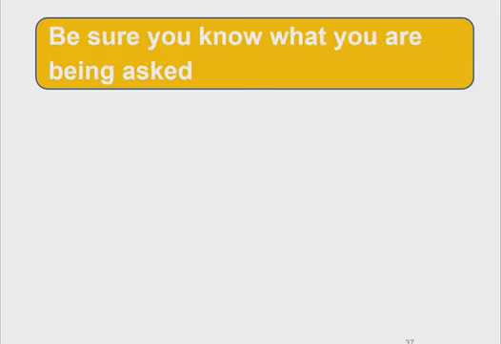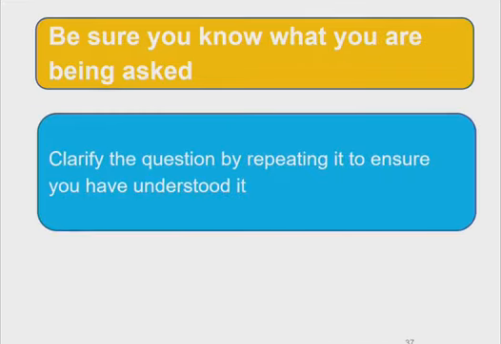Be sure you know what you are being asked. Clarify the question if you don't understand it by repeating it to ensure that you have understood it. And sometimes it happens that for all intents and purposes you listen very carefully but you still misinterpret that question. What can you do then?